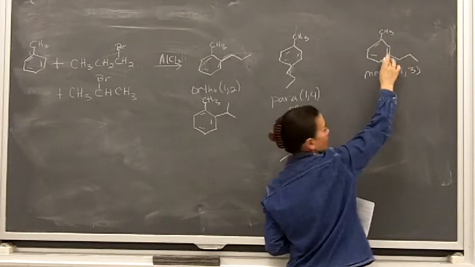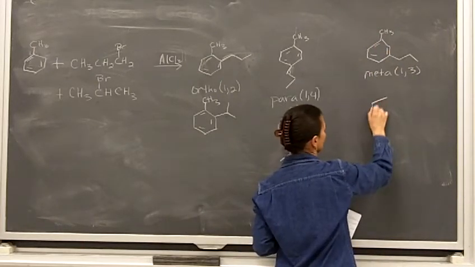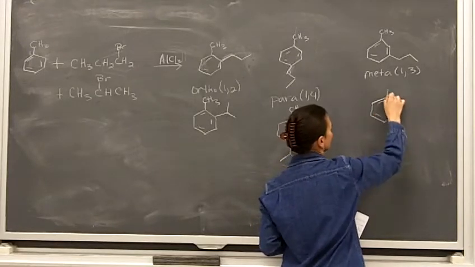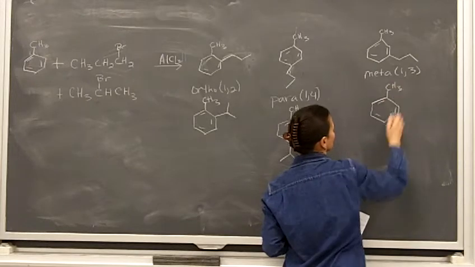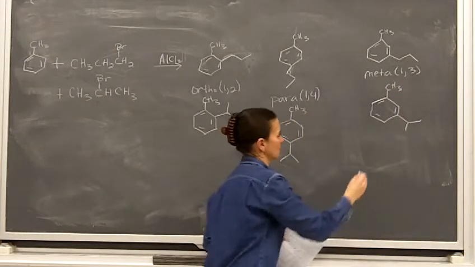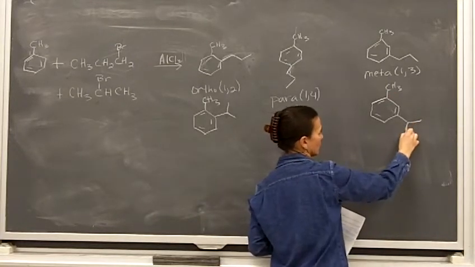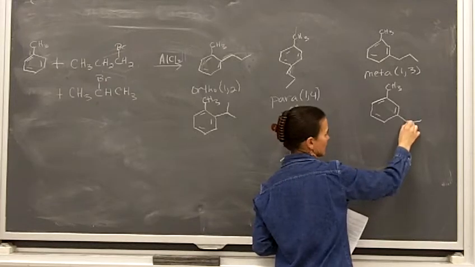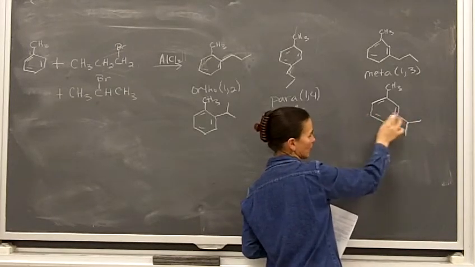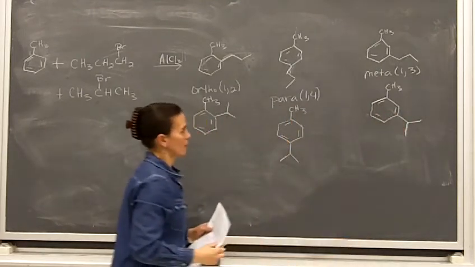So then here, with the 2-bromo, that would be our substitution, 1,3. And just like we talked about with ortho, it could be in this position or in this position, but we're talking about mono substitution, so I'm not going to show it on both sides.